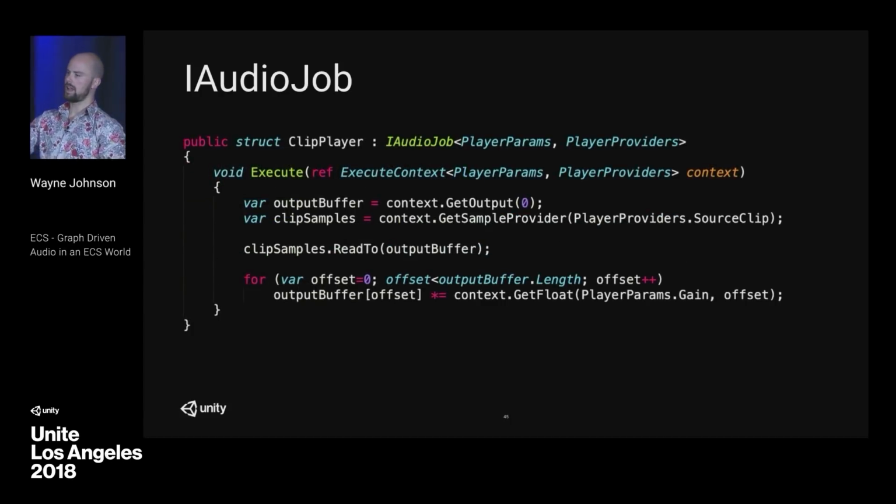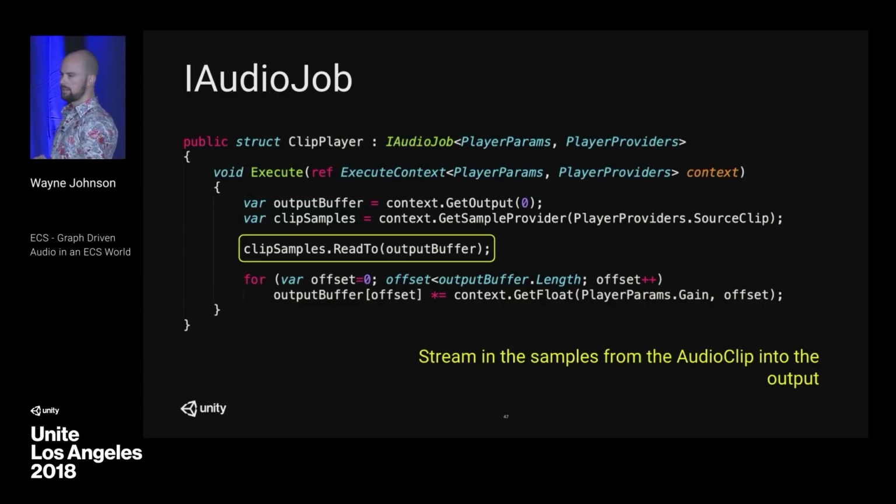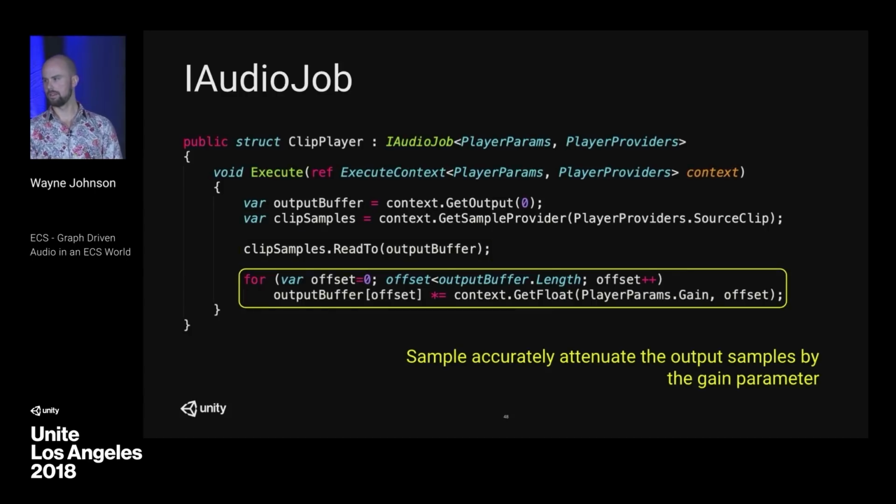And taking a look at how you would actually pull samples, it's really quite easy. You get the output buffer from the context, get the sample provider from the context as well for this particular source clip sample provider, read the source samples into the output buffer, and then apply a gain to the output buffer, getting this float value based off its offset in the sample buffer.